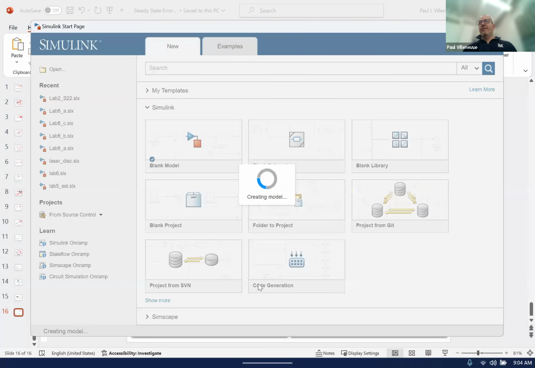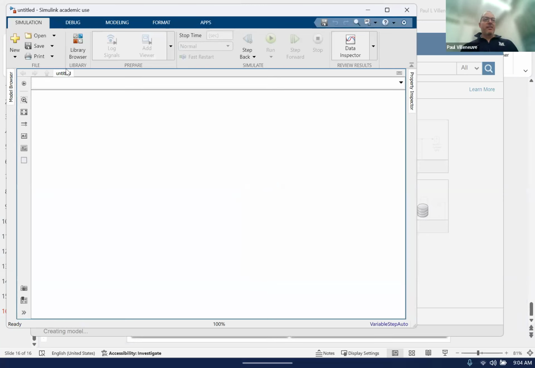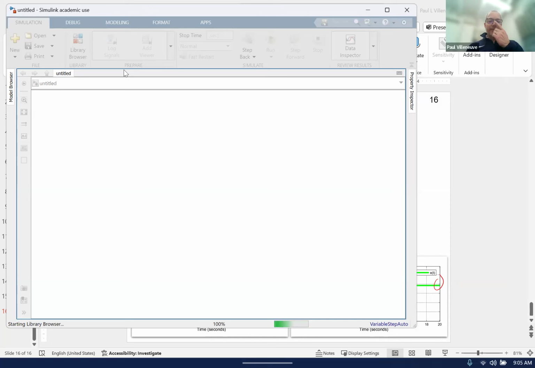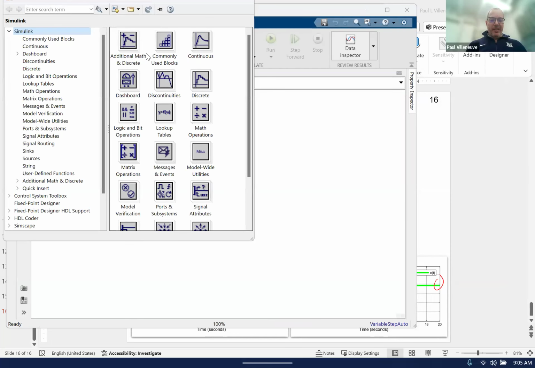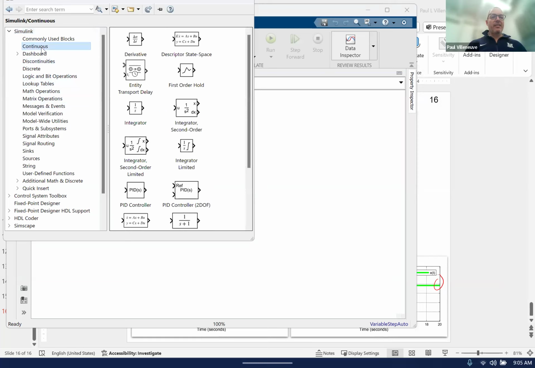That's just called a bus. I think it's a bus. So, let's see if we've launched yet. Not yet. Let me hide this. So it's not under common ones. I think it's under continuous.